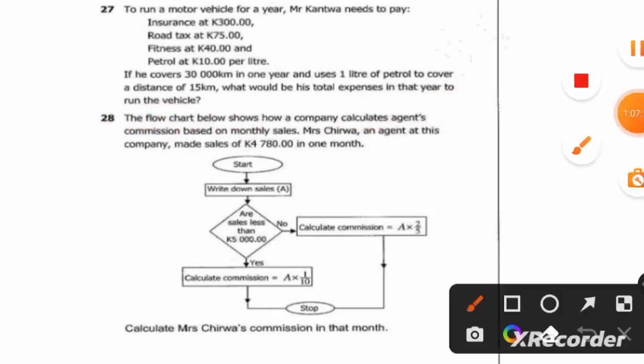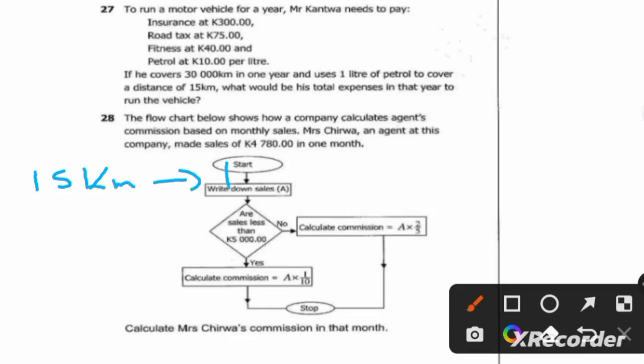Okay, to answer this question, we are told that if he covers 30,000 kilometers in 1 year and uses 1 liter of petrol to cover a distance of 15 kilometers, we need to understand that 15 kilometers needs 1 liter.